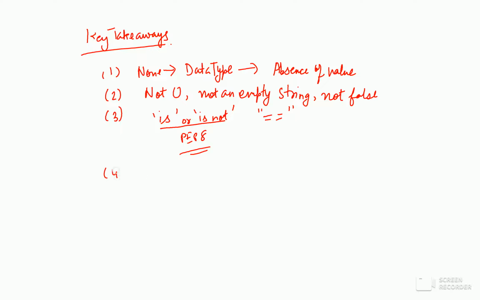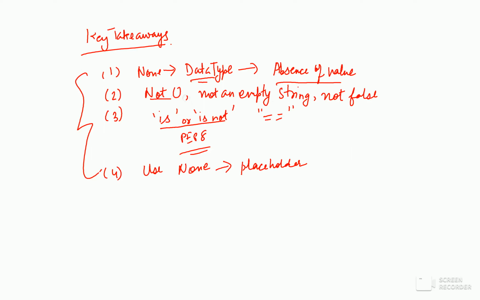And the fourth is use None as a deliberate placeholder, that is, when a variable exists but doesn't have a meaningful value yet, and use it as a return value from functions when there's nothing to return. So once again, the key takeaways: None is its own data type in Python and represents the complete absence of value.